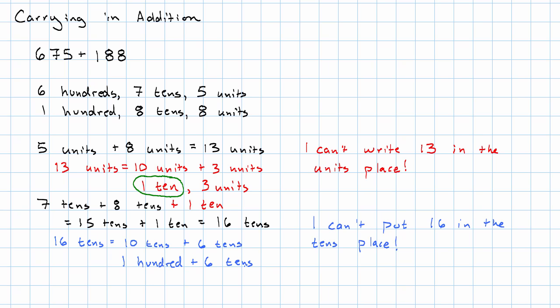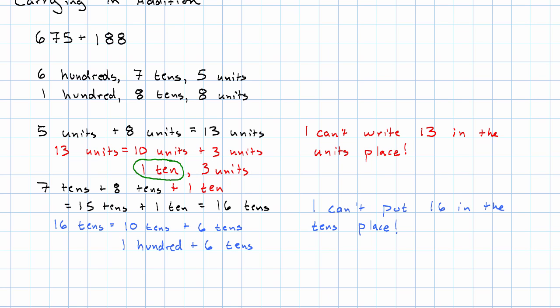I keep the 6 for my tens place and carry the 100 into the hundreds place. So I have 6 hundreds plus 100 plus an extra 100, and working that out, 6, 7, 8 hundreds.